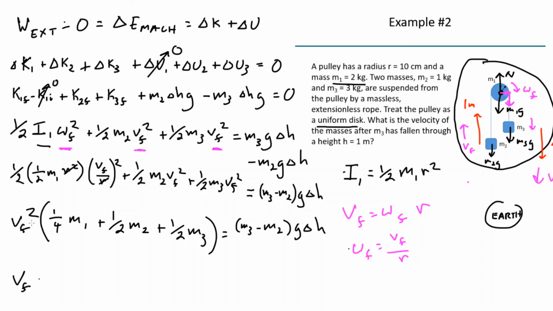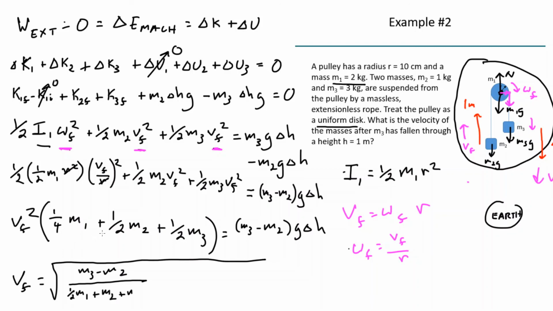So I can solve this for V final. I get V final equals the square root of M3 minus M2 over, let's write this as 1/2 M1 plus M2 plus M3, and then I'll go ahead and write this as times 2g delta h.